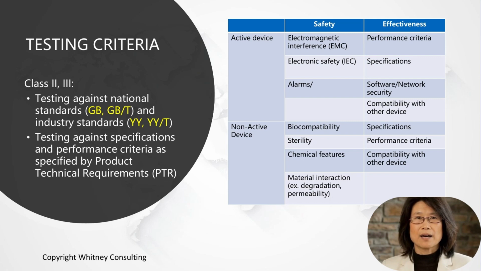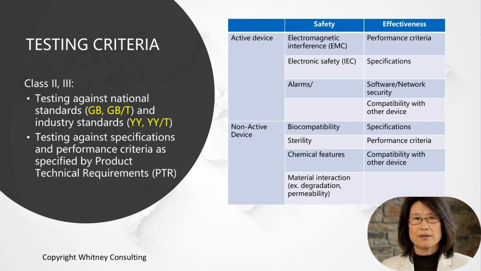In this slide, I want to explain the difference between safety parameters and efficacy criteria. For active device, safety parameters means IEC, EMC requirements. Alarms are definitely safety-related parameters. For effectiveness, the device specifications, performance criteria, software version, cybersecurity capabilities are the items to be written in here.